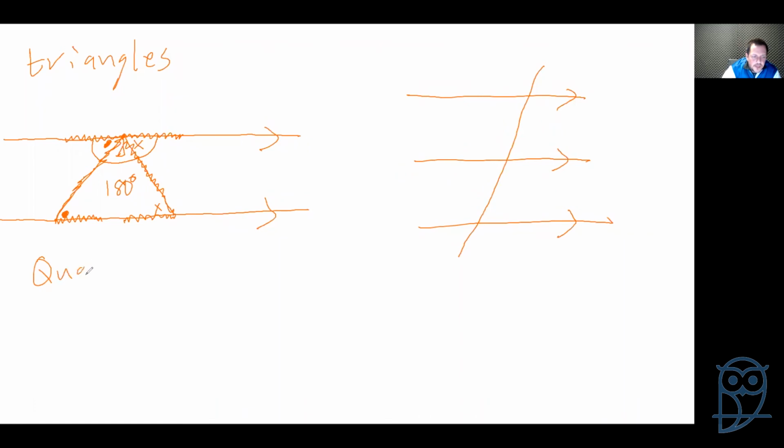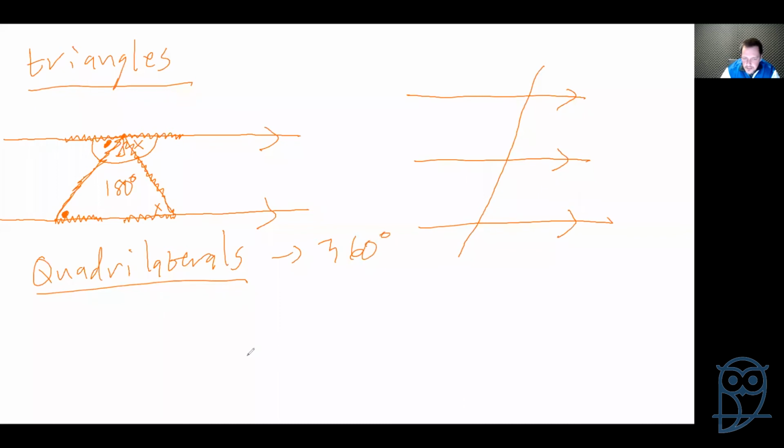And if we have quadrilaterals, the interior angles sum to 360 degrees, which also makes sense because if you take two parallel lines, you know that inside here we've got 180 degrees, and inside there is 180 degrees. Now, these two lines will never touch if they're parallel.